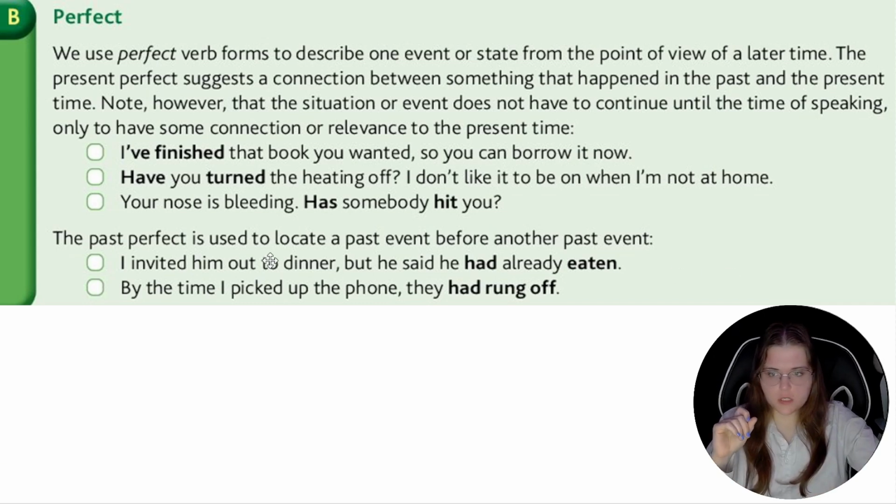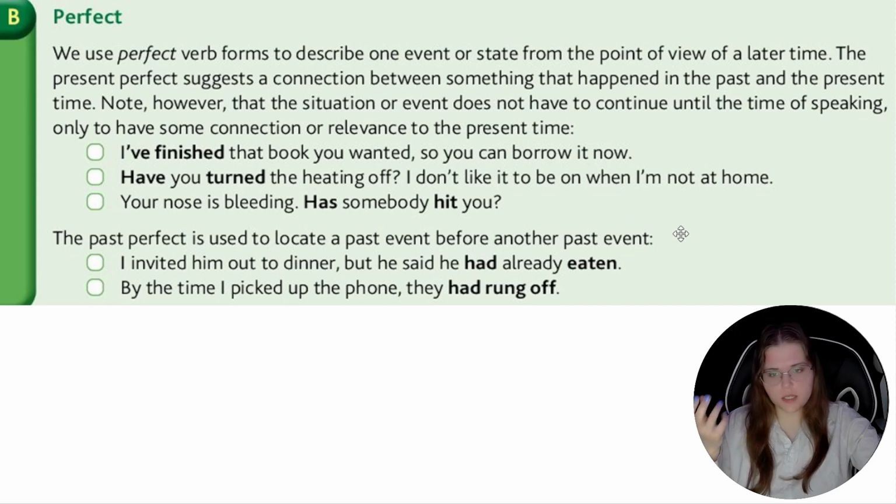Then the past perfect is used to locate a past event before another past event. By the way, remember that these past events have to be connected with each other. I invited him out to dinner, but he said he had already eaten.